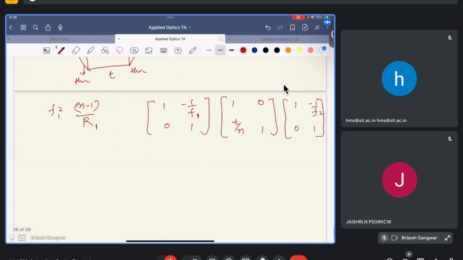Okay, so we can just multiply these terms. It will be 1 minus t by f1 n, and t by n, and 0 and 1.